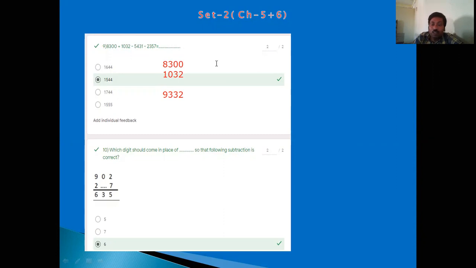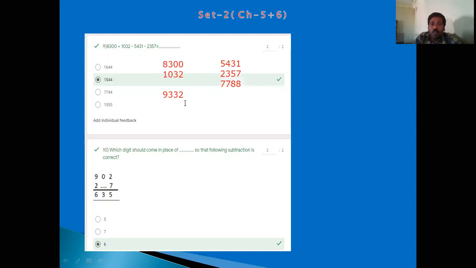After that, these two numbers have a negative sign before them. Then adding these two numbers, 5431 plus 2357, we get 7788.